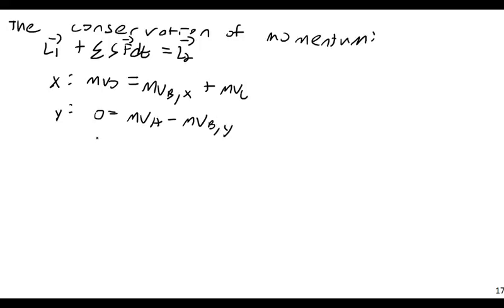All right, then I can find the momentums here. Now I can look at the angular momentum. In other words, H naught, the momentum about the origin at point 1, H naught 1, plus the summation of the integral of moments dt, is equal to the angular momentum at point 2 about the origin.